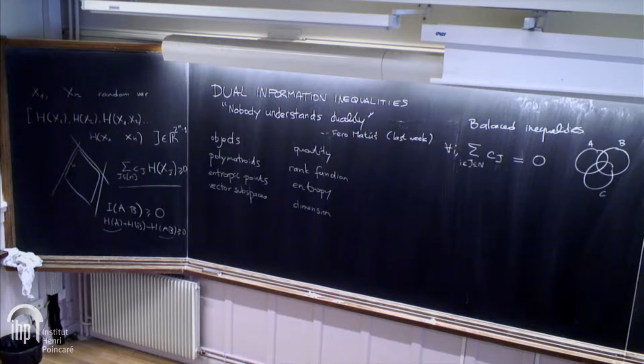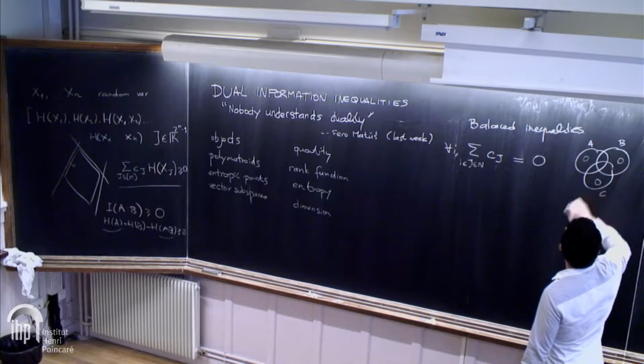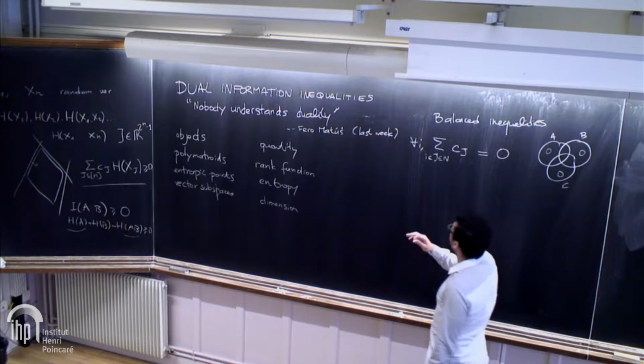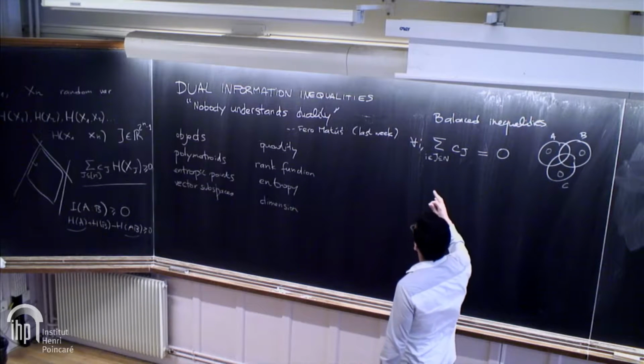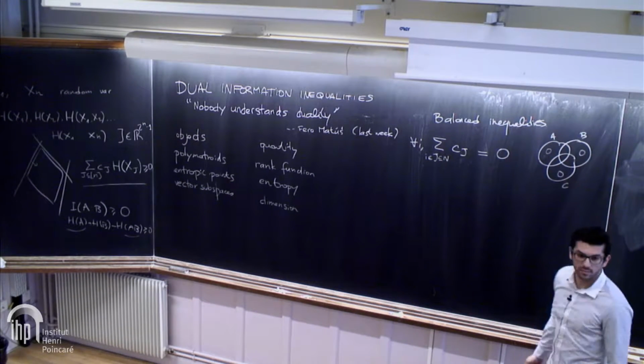If you have no idea what this does, it just says that we can always assume that these parts are 0, meaning we don't have any private information, because a balanced inequality doesn't put any weight on these parts.